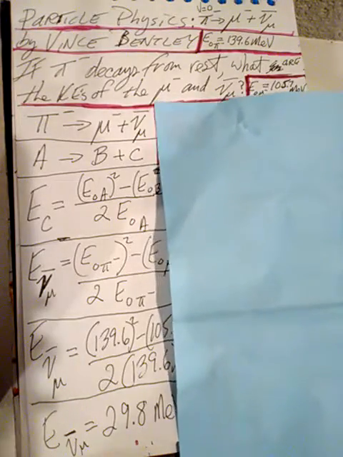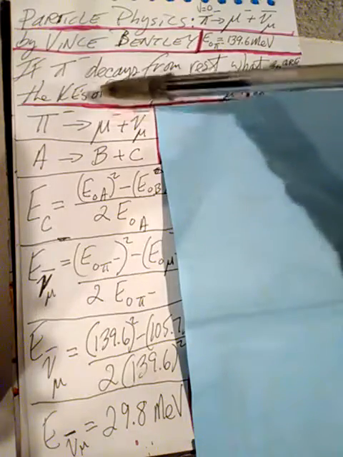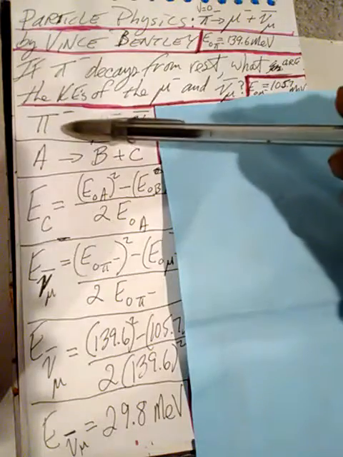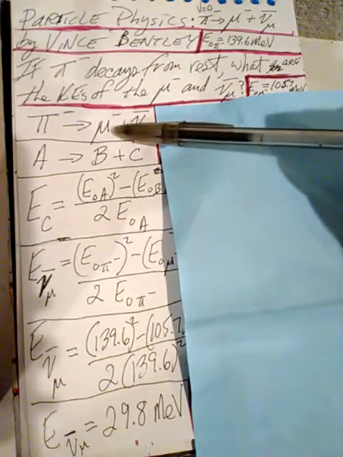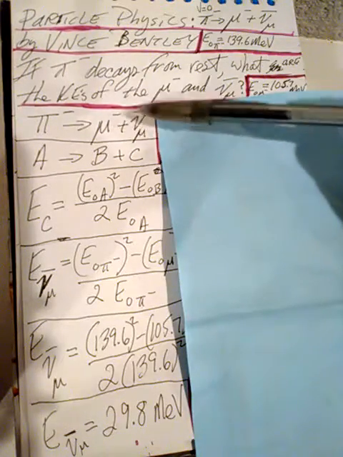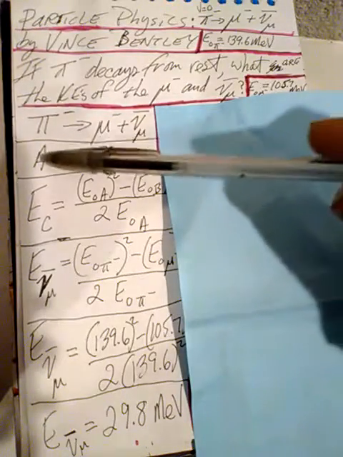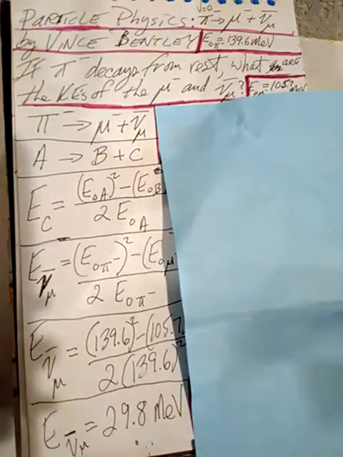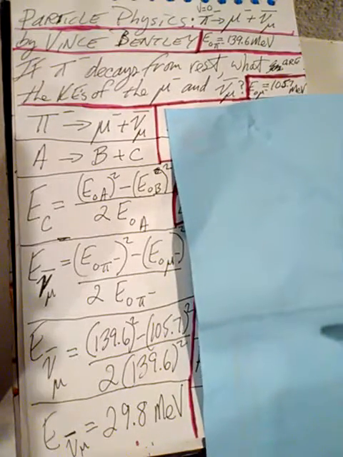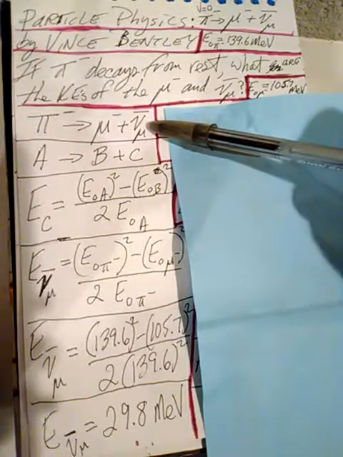What we're going to do is, here's our reaction. We're going to write each particle in simpler terms like A and B: A for the pi meson, B for the mu meson, and C for the muon antineutrino. So we'll have these three letters, and this is our formula that we'll be using to calculate the energy of the anti-muon neutrino.